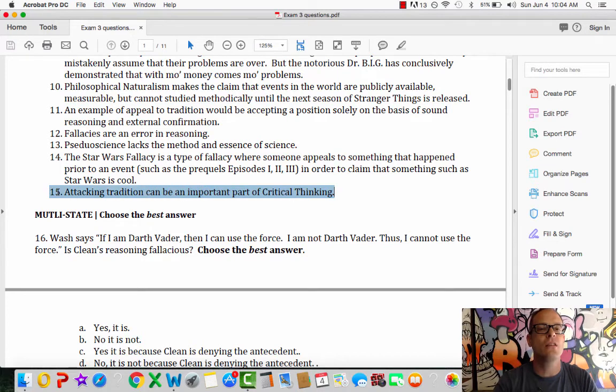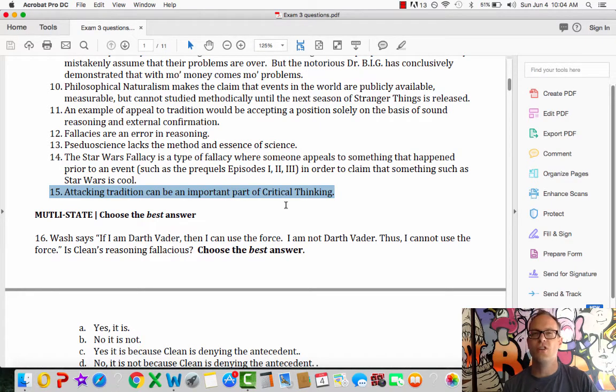Number 15 along these lines, attacking tradition can be an important part of critical thinking. Absolutely true, right? And that's part of what the appeal to tradition fallacy is getting at. Now, it doesn't mean that tradition should be thrown out the window and cast aside. Nobody wants that, right? We're not going Children of the Corn up in here, okay? In fact, many traditions are in place because they were successful to some degree for whatever reason, right?